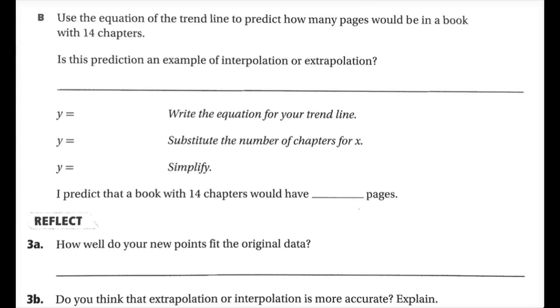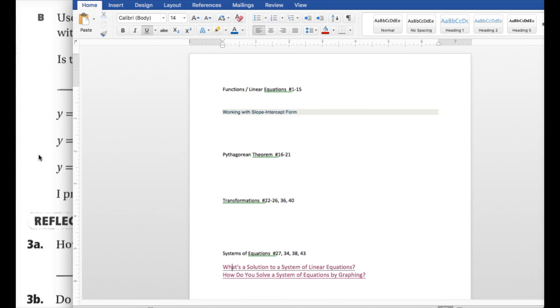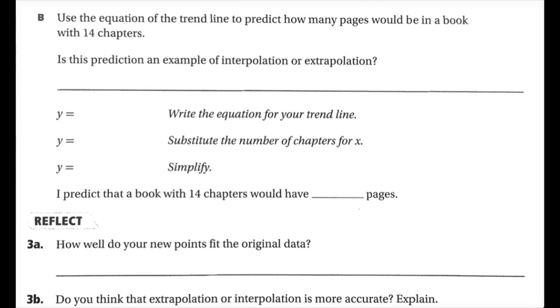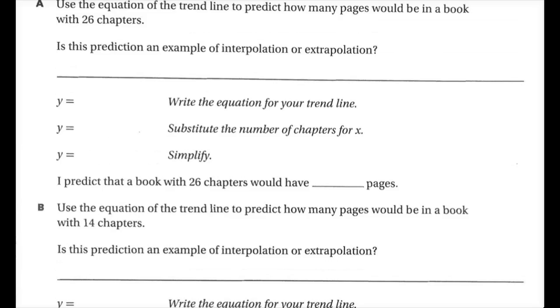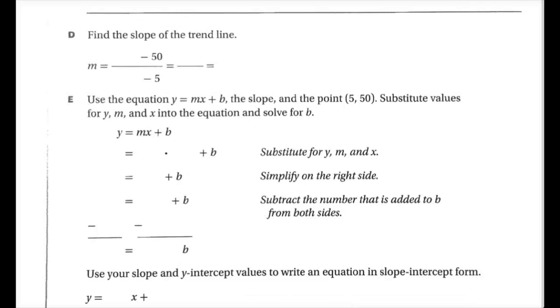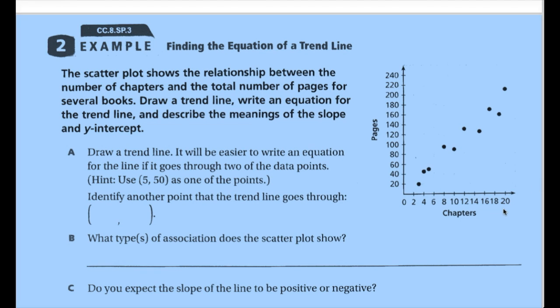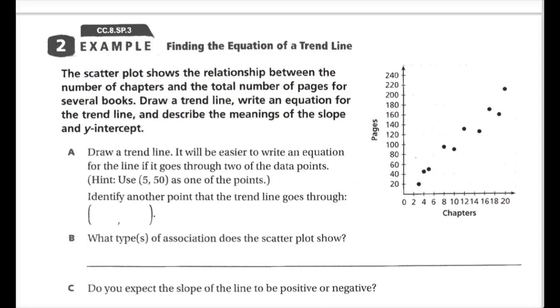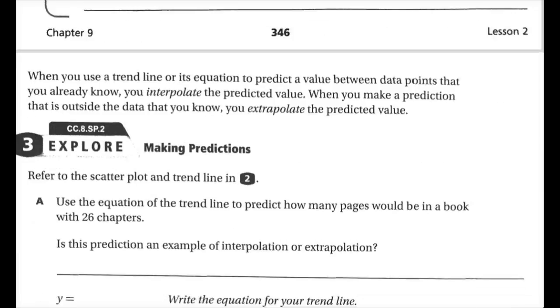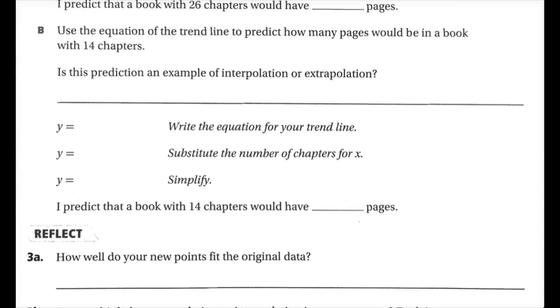So if we look up at our graph, 14 chapters. Do you see how 14 chapters, if you look at our graph up above, is actually within my data? So 14 chapters is going to be in this area somewhere. So that would be considered interpolation. Sorry, I know I'm scrolling a lot here.